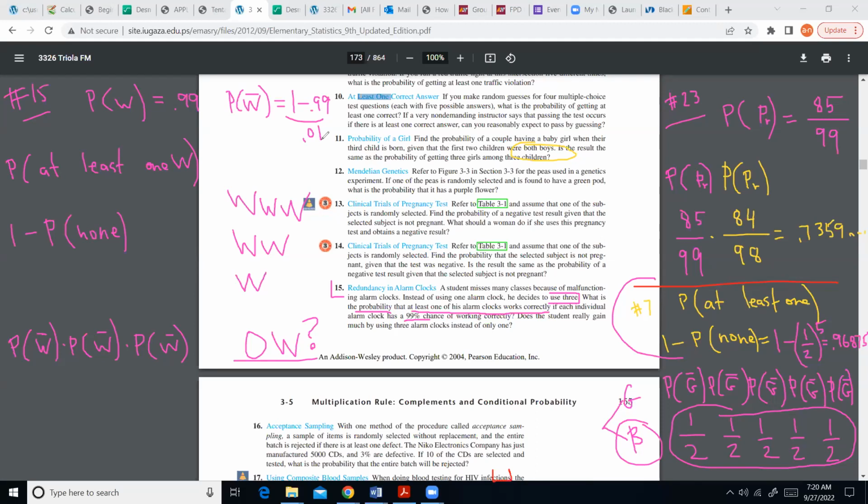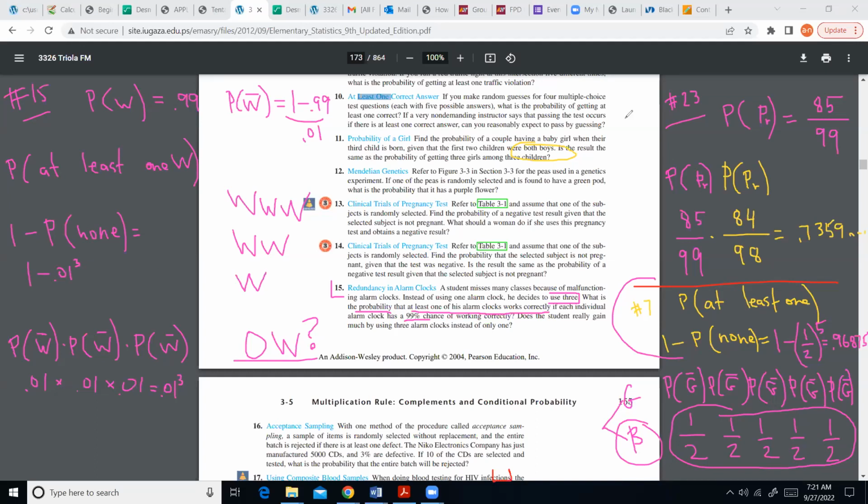So 99, and the complement is just 1. Okay, so let us multiply 0.01 by another 0.01, and again by another 0.01. Well, this is going to be a third power of 0.01, 0.01 cubed, right? So this is what I have to subtract from 1, 0.01 to the power of 3.